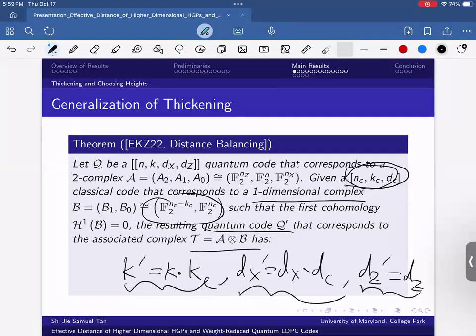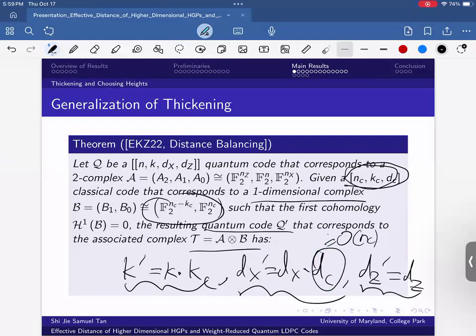And then in this case, if you choose a good classical LDPC code and tensor product it with just our CSS quantum code, again we also have another LDPC quantum code. But this time around, the distance property will scale like this, because DC itself scales linearly, it is O of NC, right, if it's a good classical LDPC code.